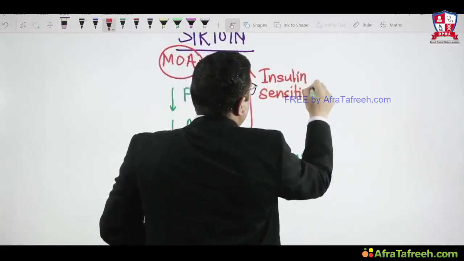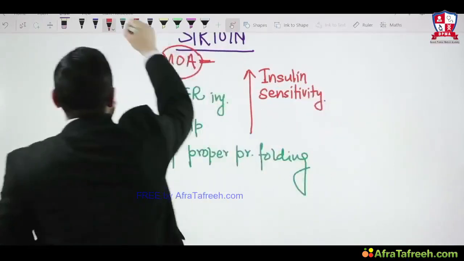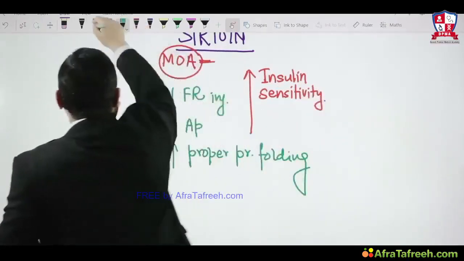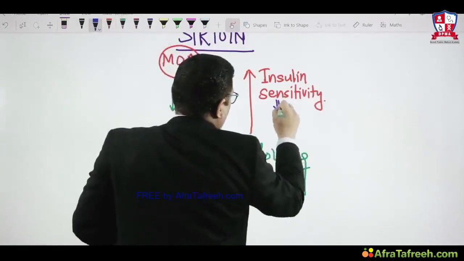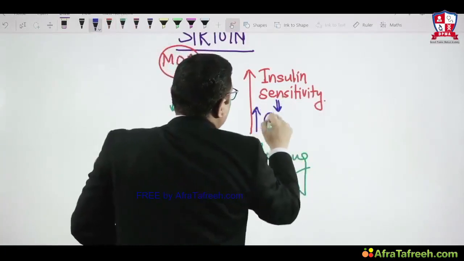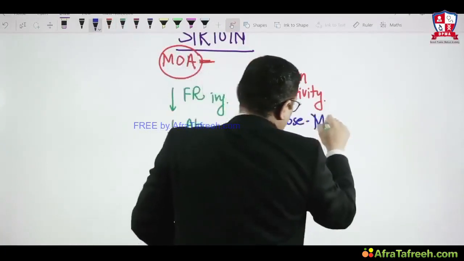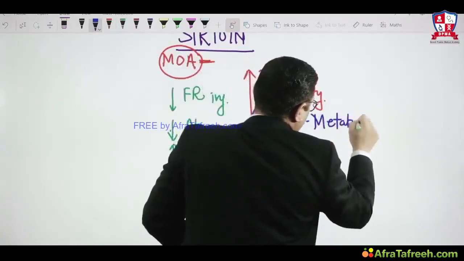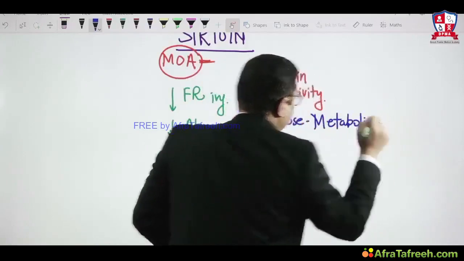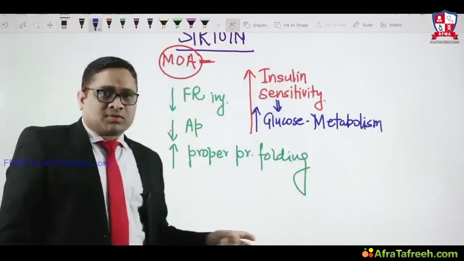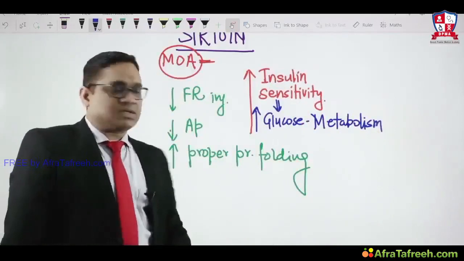Because of the increase in insulin sensitivity, this will also increase glucose metabolism. So increased insulin sensitivity and increased glucose metabolism. Why did I say there is an ambiguous statement?